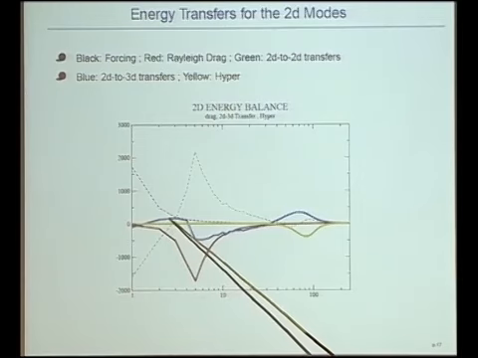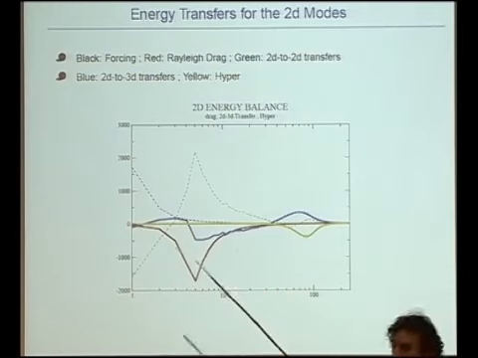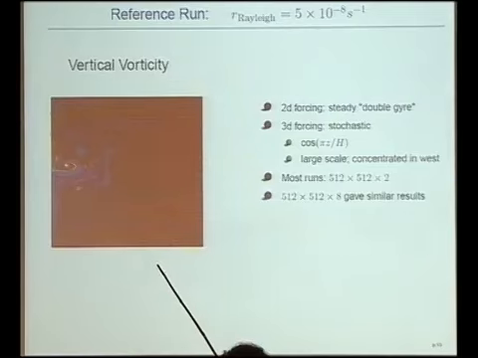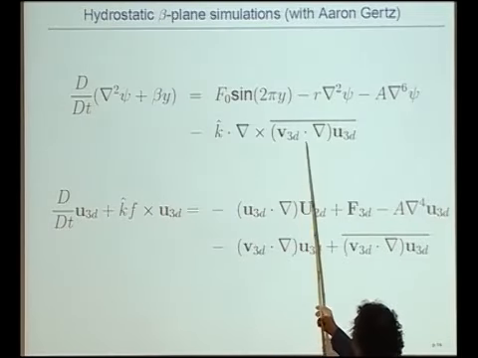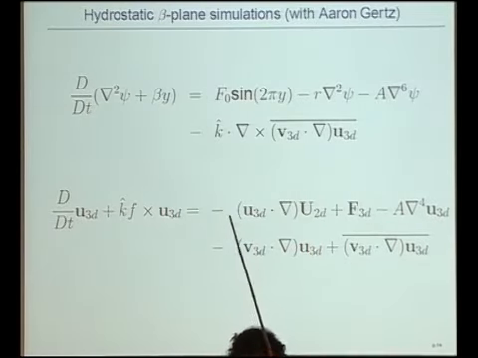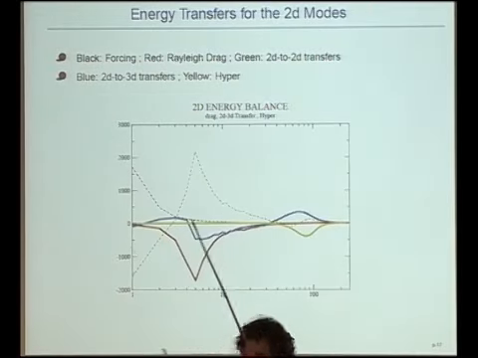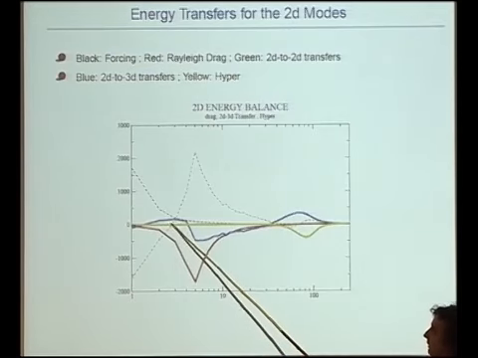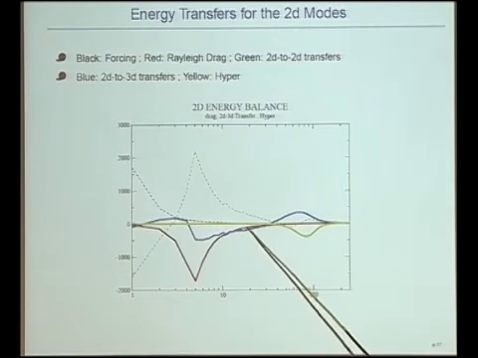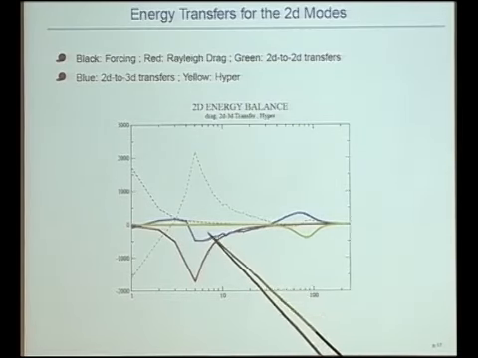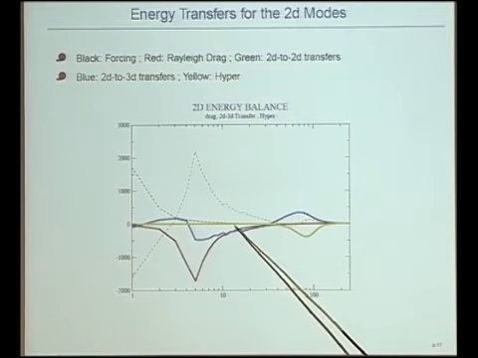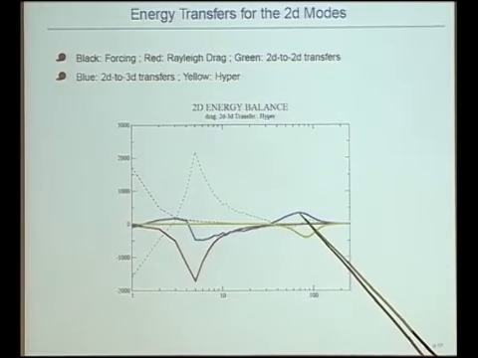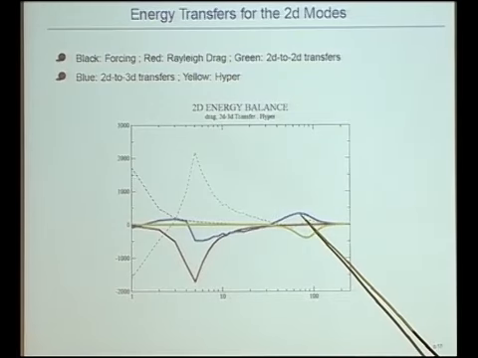And then this blue term and yellow term here are sort of new dynamics that relate to interactions with the 3D flow. So the interactions with the 3D flow, in other words, terms that come from here after I form the energy equation, are putting a bit of energy in. They're actually forcing the 3D flow at very low wave numbers.